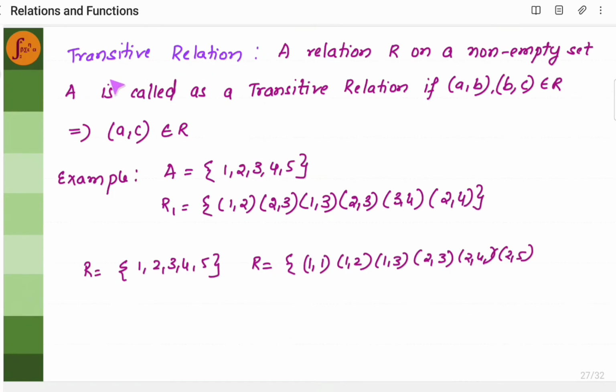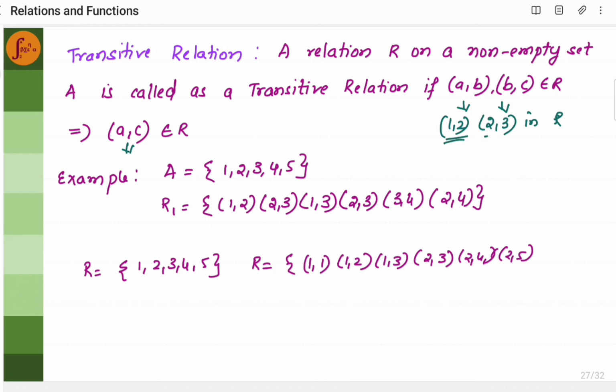The next type of relation is transitive relation. This states that if A, B and B, C are ordered pairs in R, then A, C also should be an ordered pair in R. That is, if I have 1, 2 and 2, 3 in R, right?